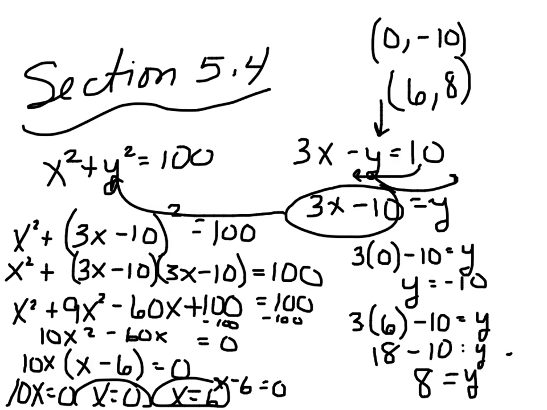Now on the other ones, if you notice, I just kind of boxed in my x's and my y's because there was only one ordered pair where they were going to cross. This has multiple ordered pairs, so I would suggest that you write them out individually. So this is an answer and this is an answer. You're going to have a lot of times two answers for this, maybe only one answer if it only hits at one point, or no answers if they don't hit.